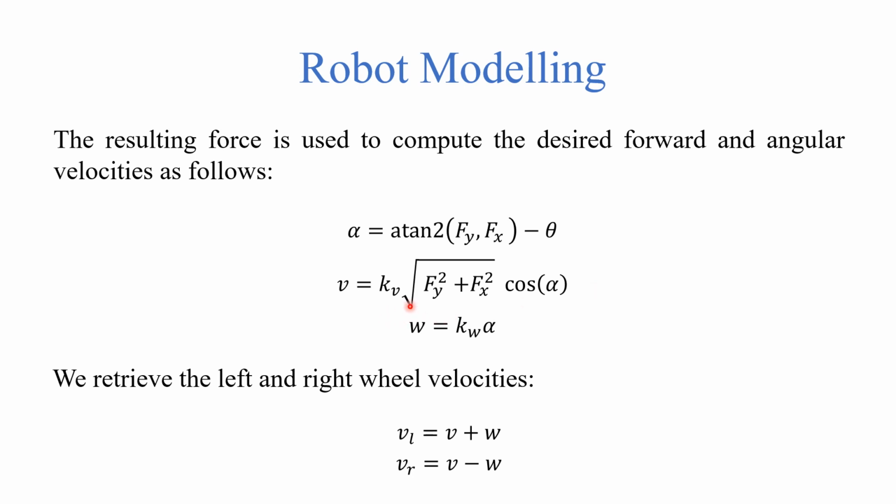Kv is a positive constant. This right here is the magnitude of the force, and cosine alpha is the projection of the force onto the robot's forward motion direction. Omega is a positive constant kW multiplied by alpha, which is the angular error. Now, after computing these desired forward and angular velocities, we retrieve the left and right wheel velocities using the following equations.